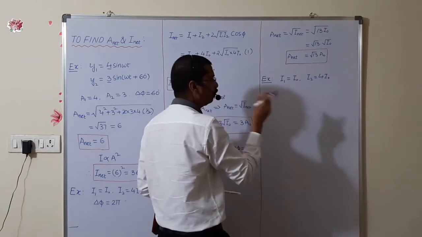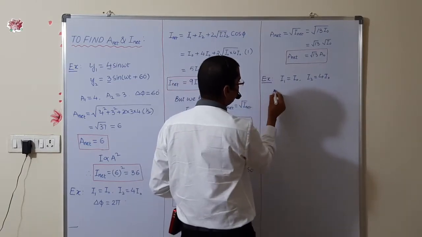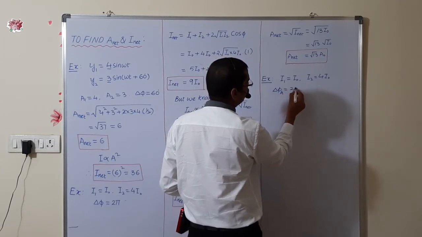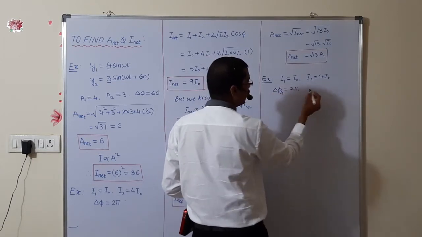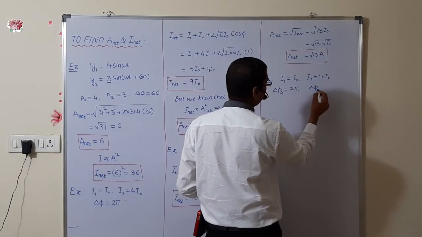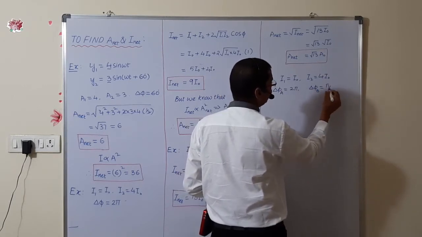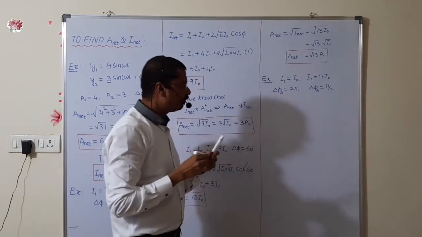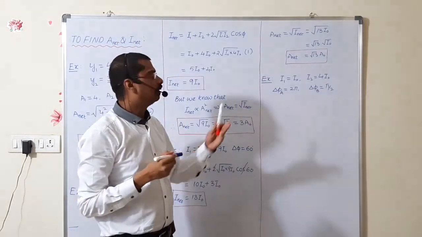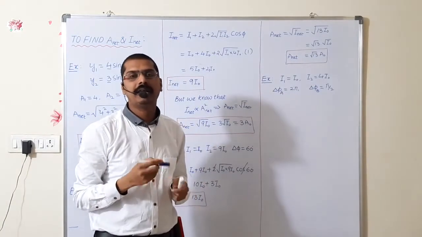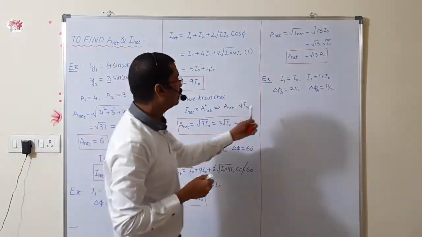These two are superimposed. At point A the phase difference is 2 pi, and at point B the phase difference is pi by 2. Now we have to find the difference of intensities at point A and at point B.